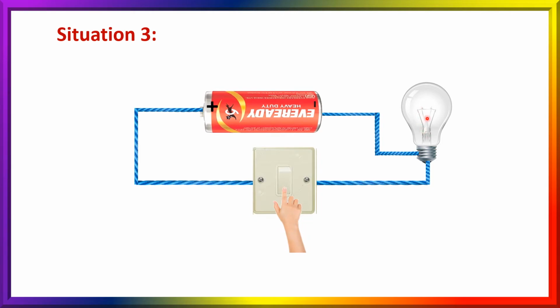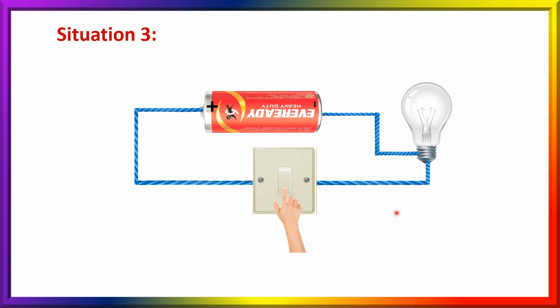Does the bulb glow now? No. So in situation 1 only, the bulb has glowed. In situation 2, the battery was not there. In situation 3, copper wires are not there, only nylon wires are there. So in both situation 2 and 3, the bulb will not glow.